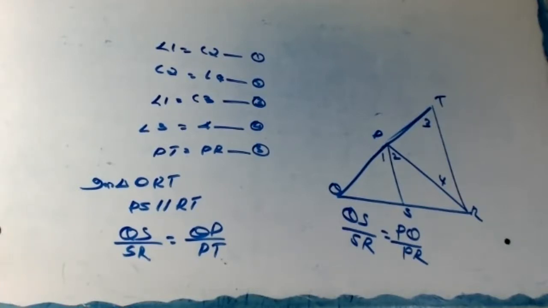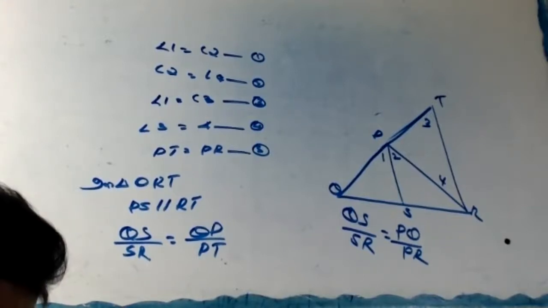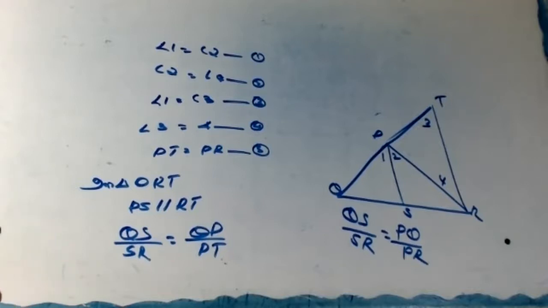Okay. After that, in triangle QRT, SP parallel to RT by construction.